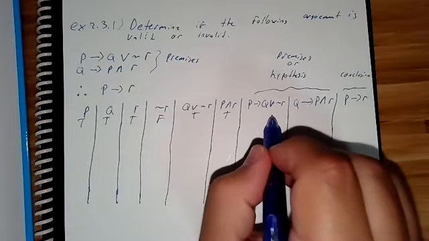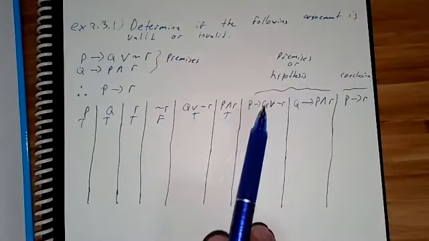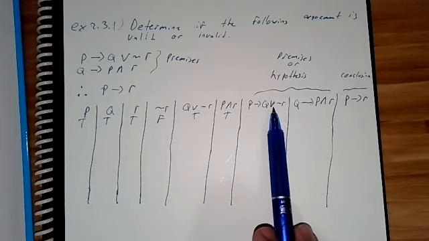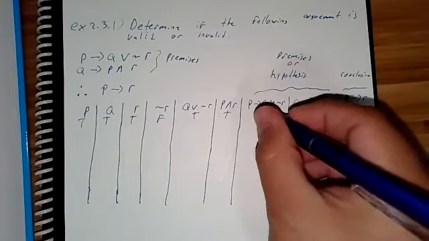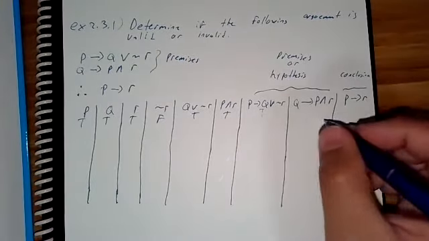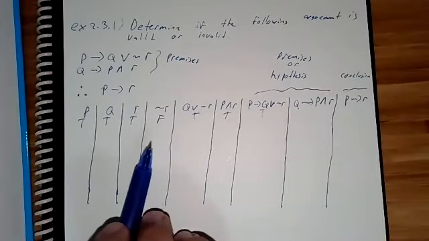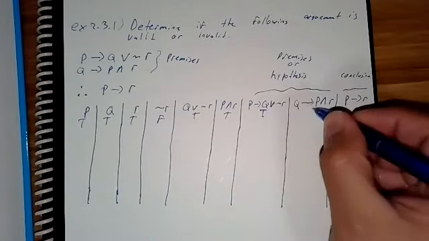P arrow Q or not R, that would be true arrow true, which means it would have to be true. Right? Okay. Q arrow P and R, that would be true and true, so also true.